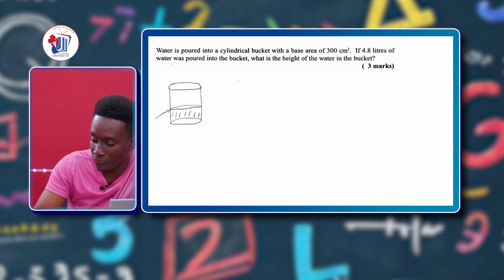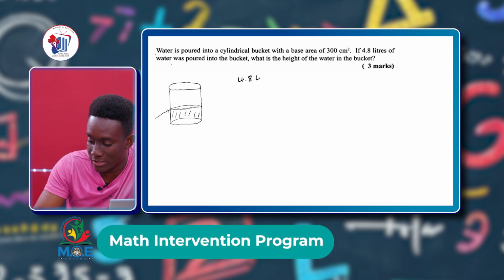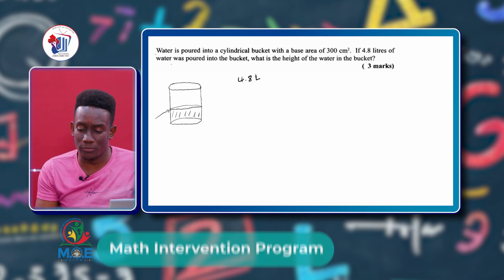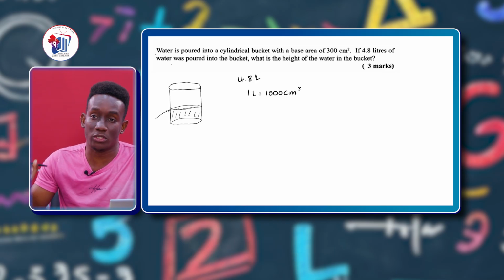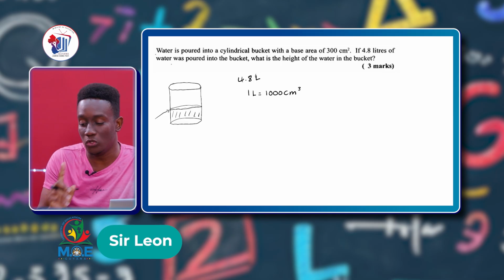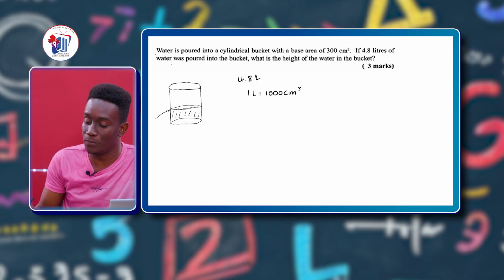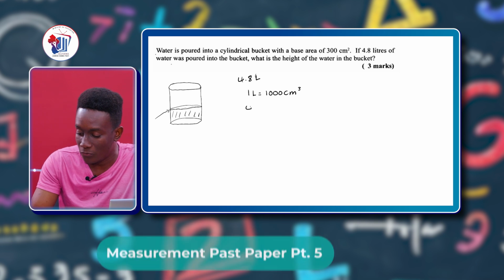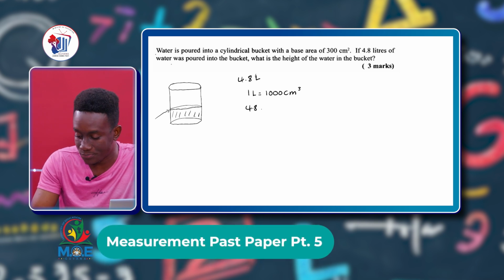So they gave us 4.8 liters. Now there is a linkage between liters and volume. For every liter, it's equal to 1000 cm cube, which is the volume. So every liter has a volume of 1000 cm cube. So if you have 4.8 liters, it will be 4.8 multiplied by 1000.